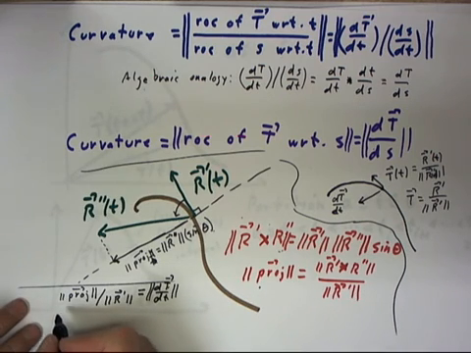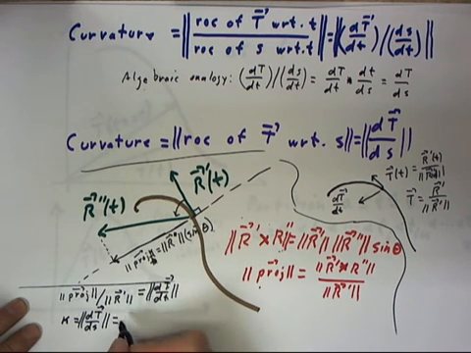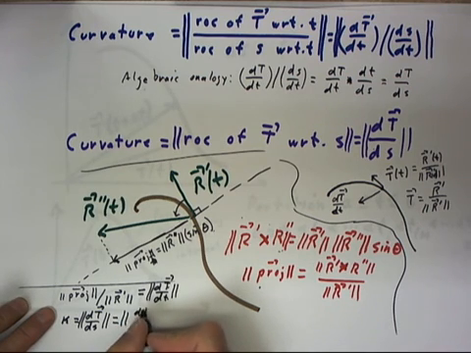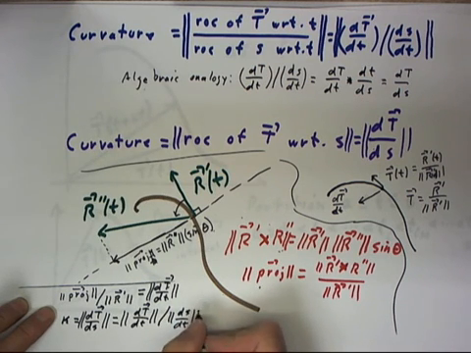Okay, and then the curvature, which is the magnitude of dT ds, is going to be the magnitude of d big T d little t divided by the magnitude of ds dt.